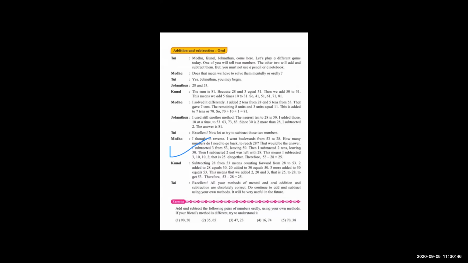20 added to 30 equals 50. 3 more added to 50 is equal to 53. This means that we added 2, 20 and 3. 20 and 3 is equal to 23. Plus 2 you want to add, that is 25. And adding 25 to 28 we get 53.